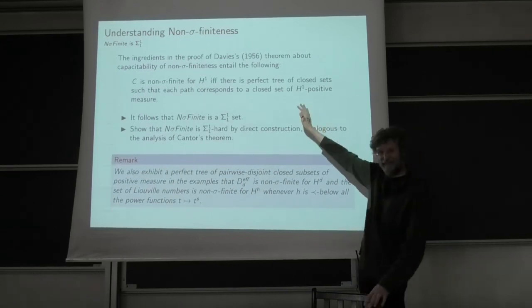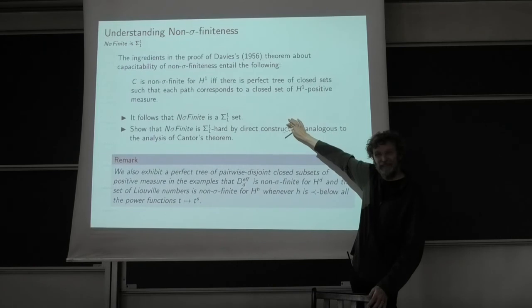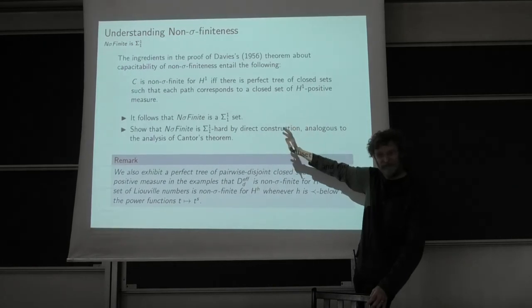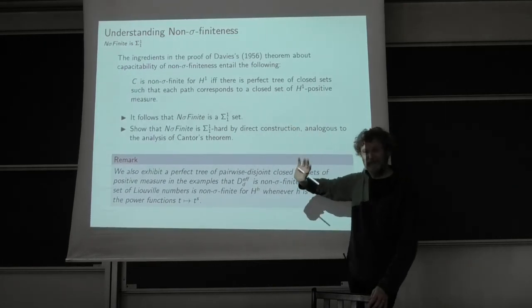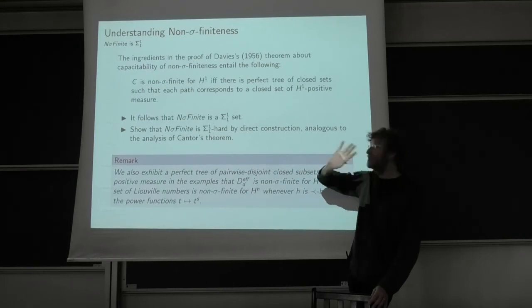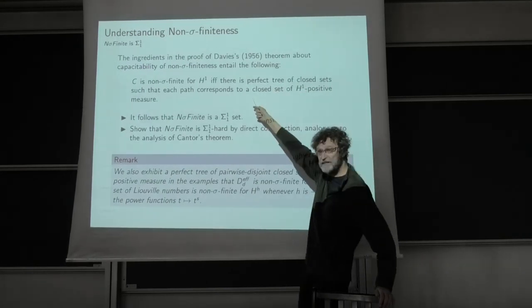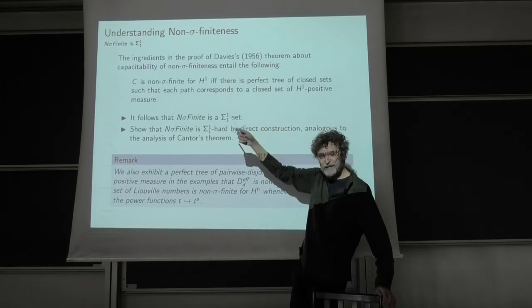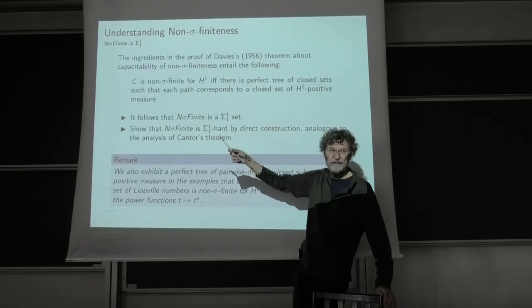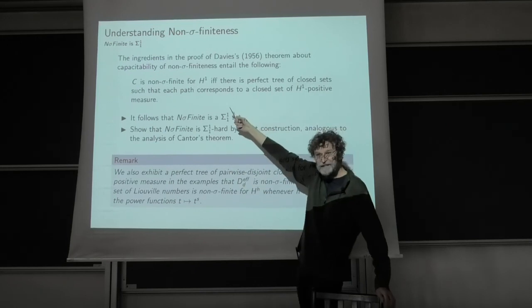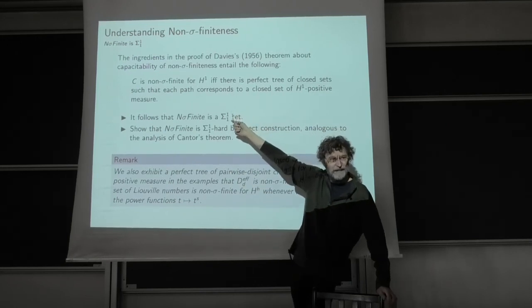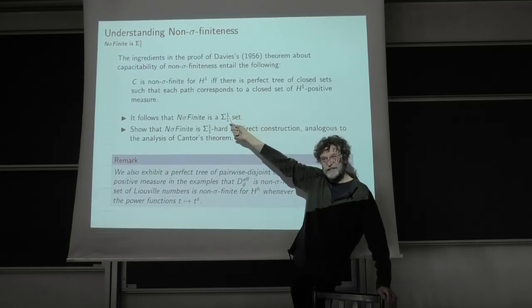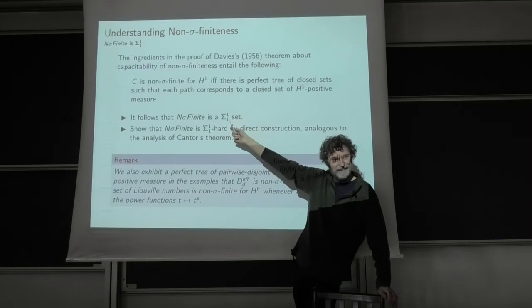Okay, well, we did that. We figured that out here. It's sigma 1,1, and it's sigma 1,1 hard. Can't be better than sigma 1,1. And it's sigma 1,1, and this is how it's sigma 1,1. So if you're going to prove some closed set is not sigma finite, you should try to build a perfect set of sets of finite measure. You know in advance it exists there.